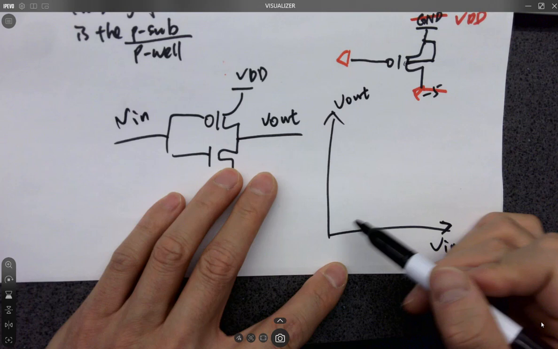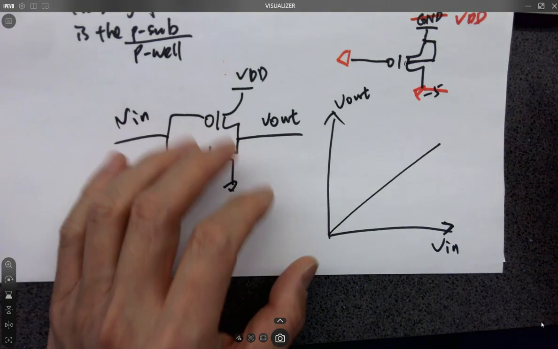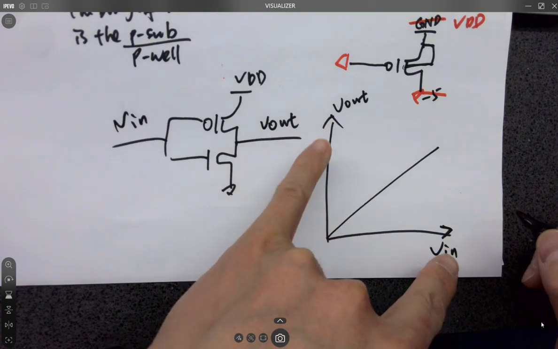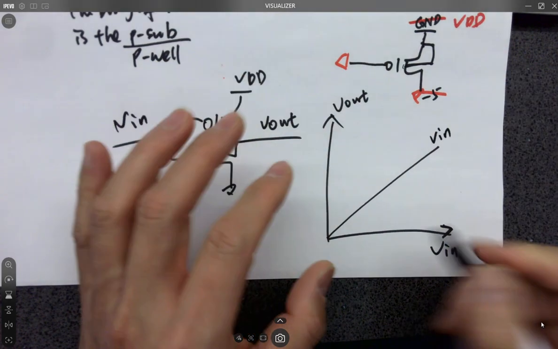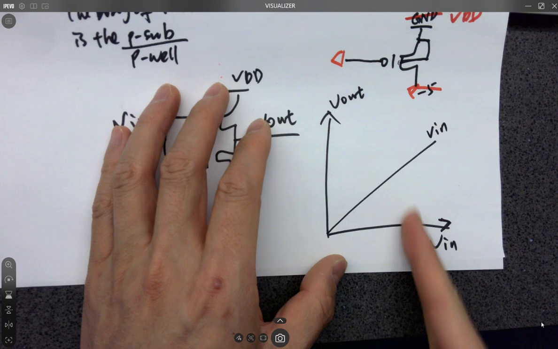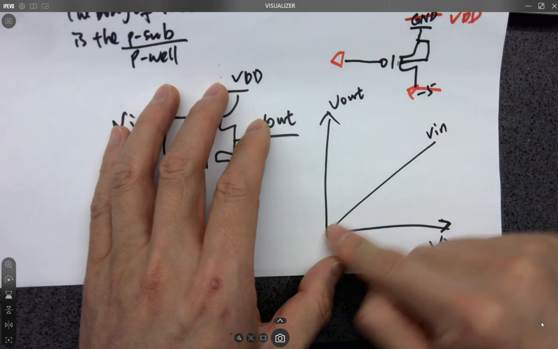If it's linear, it's probably just V, it doesn't matter. I mean, just voltage versus voltage. V is linear. Why? Because X and Y are the same, X equals Y. So with V in doing a DC sweep, the plot of V in looks like this.